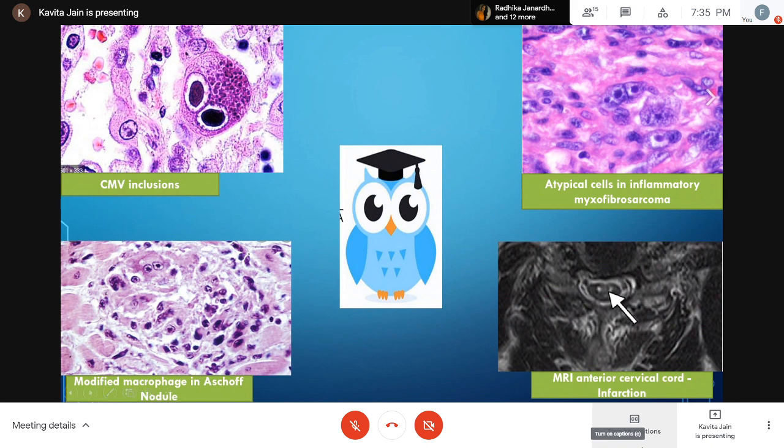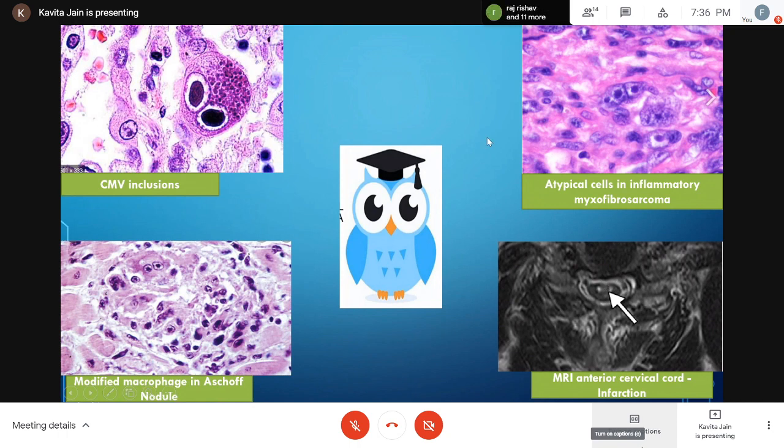Then the modified macrophages or the Anichkov cells in Aschoff nodules seen in rheumatic heart diseases. Then we have pleomorphic atypical cells in inflammatory myxofibrosarcomas. And again, in radiology, this is a case of cerebral hypoxia where the MRI reveals these lentiform nuclei in basal ganglia, again having the appearance of owl's eye.